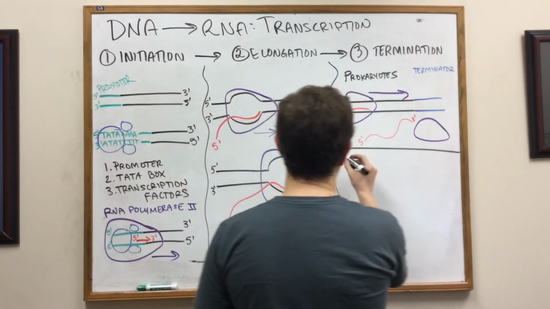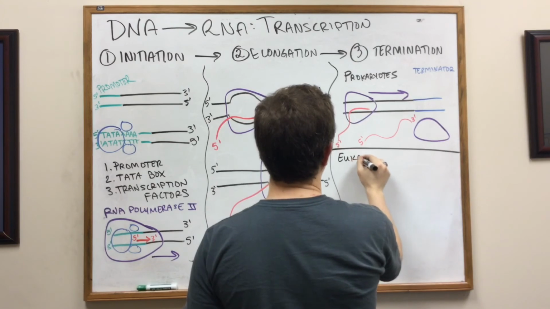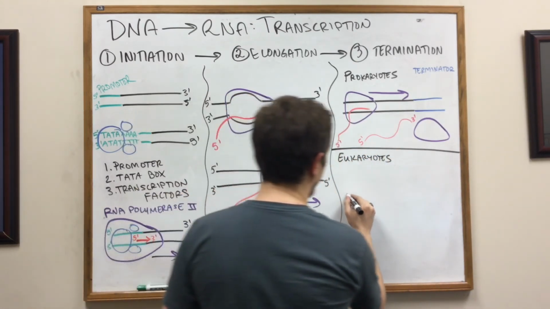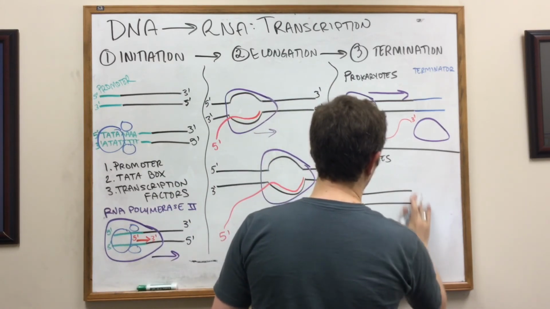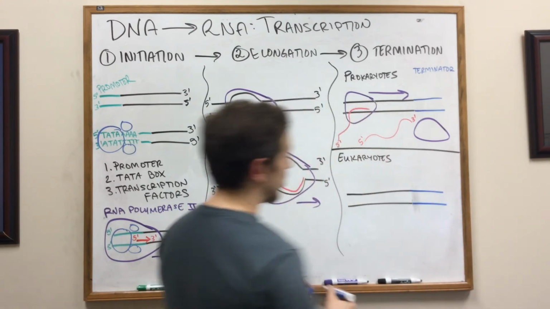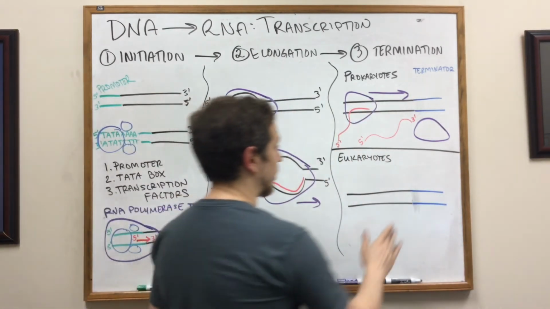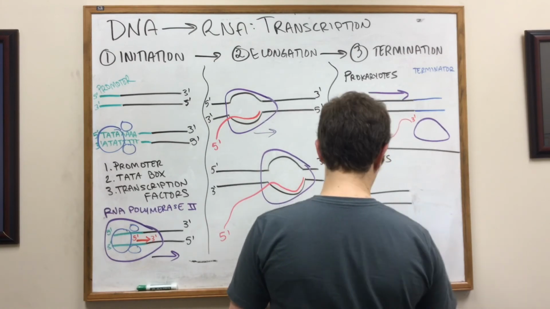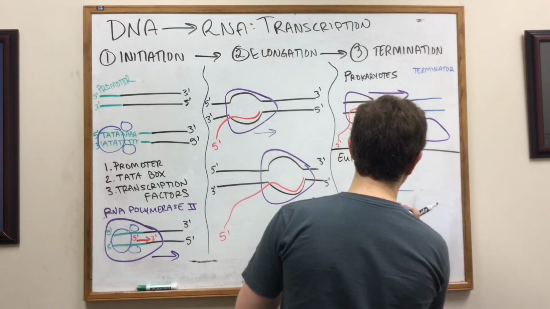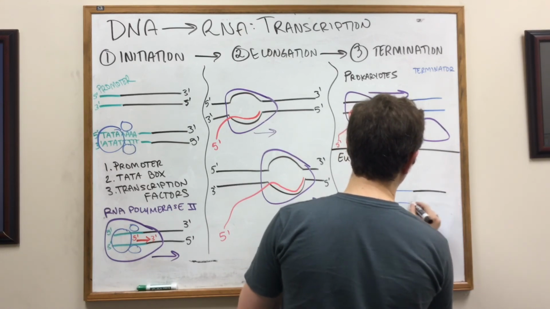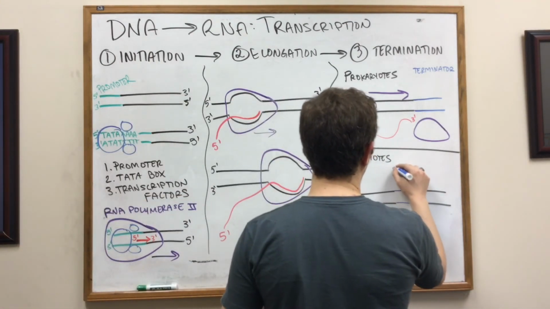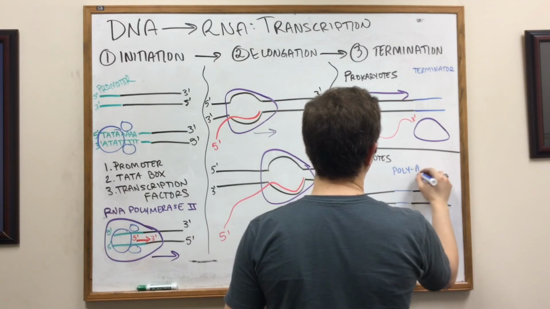In eukaryotes, however, to terminate this, okay, there is no terminator sequence, actually. So instead, what I wanted to draw was this. So there is no terminator sequence. Instead, there's what we call a polyadenylation signal. So here, it's going to be a poly-A signal.